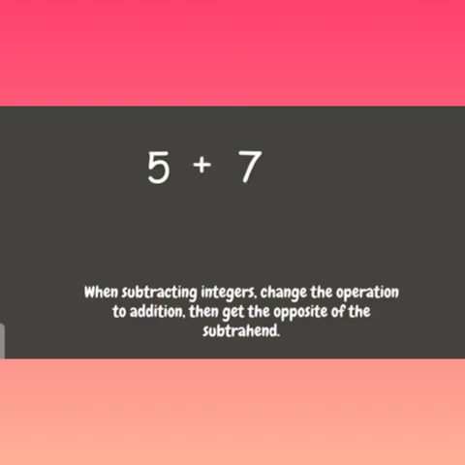There you go. And then the next step would be to get the opposite of the subtrahend. Here we have positive 7. And the opposite of positive 7 is? Yes, you are correct. It is negative 7.